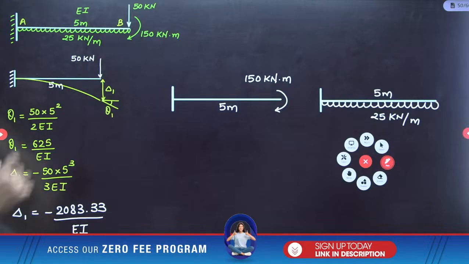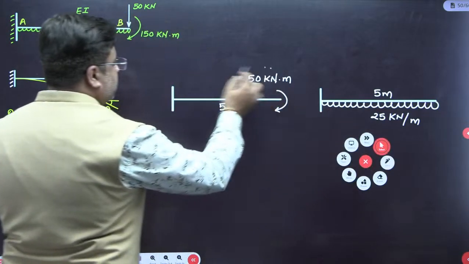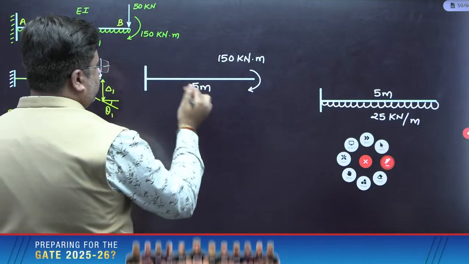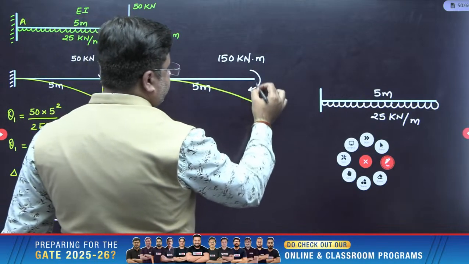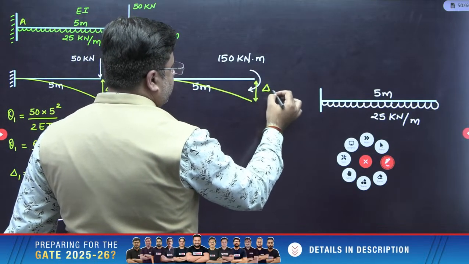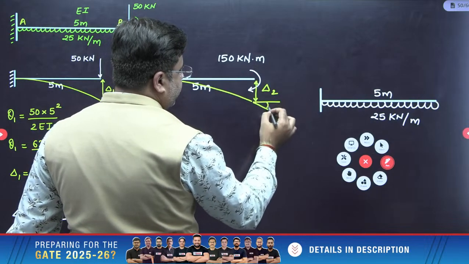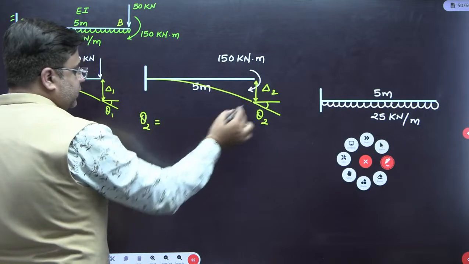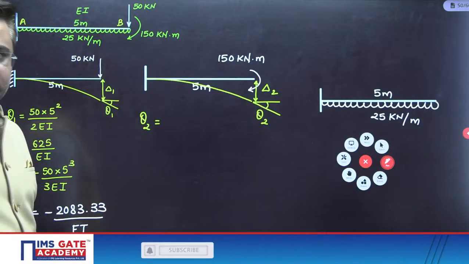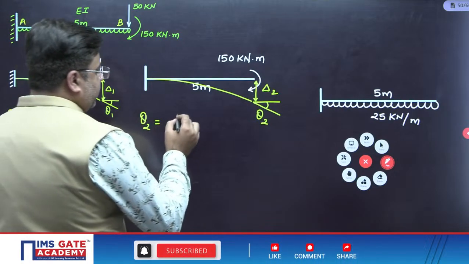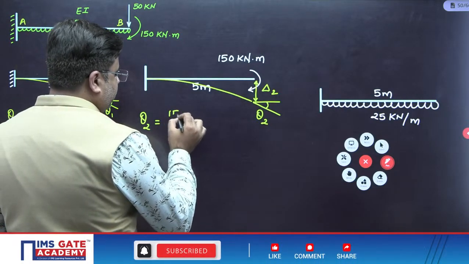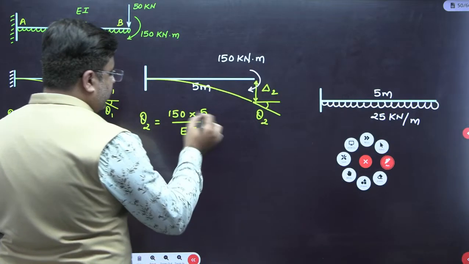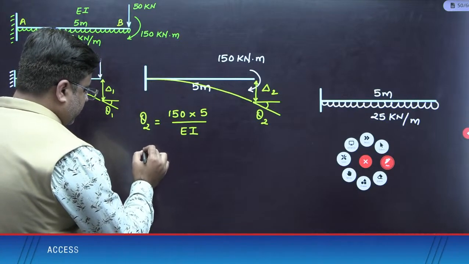Okay. Now next is the concentrated moment. For this concentrated moment, again the beam will deflect like this, and this deflection will be delta 2 here, and the slope due to this concentrated moment will be theta 2. Since theta 2 is in the clockwise direction, that slope will be taken as positive. The value of theta 2 will be ML upon EI. So M is 150, L is 5, upon EI. So 150 into 5 will be 750 upon EI.